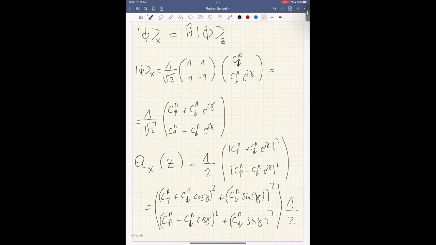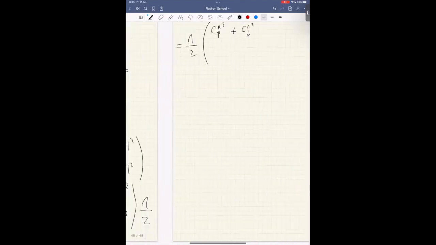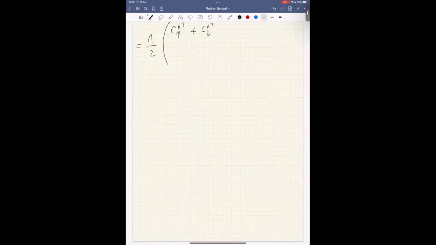So you see here I have C down R squared cos squared gamma, and then here I will have C down R squared sin squared gamma, but cos squared gamma plus sin squared gamma is 1. So I'm left with C down R squared, and then the cross product, which is plus twice C up R C down R, and then the cosine of gamma. Down here, the only difference is that I will have a minus.